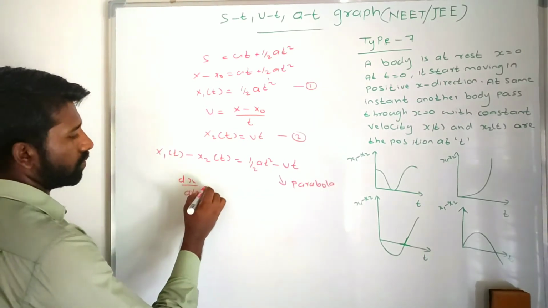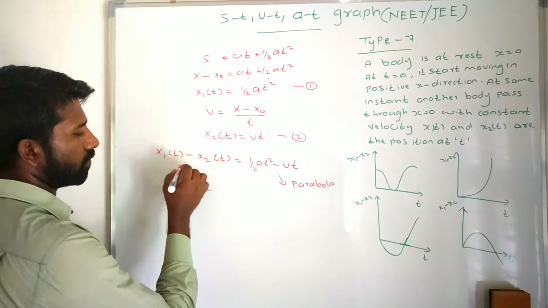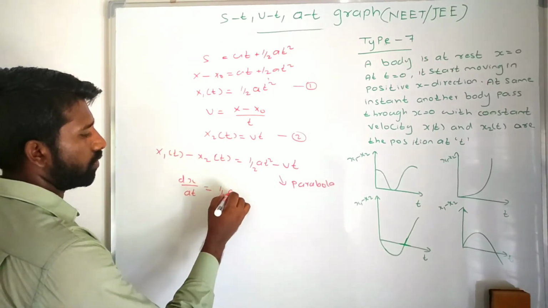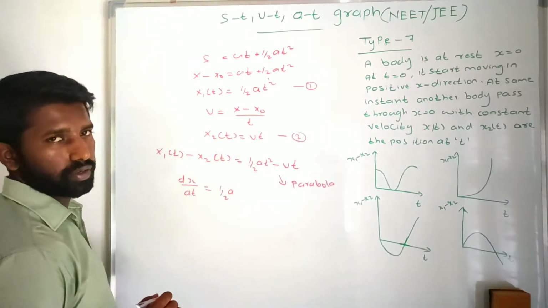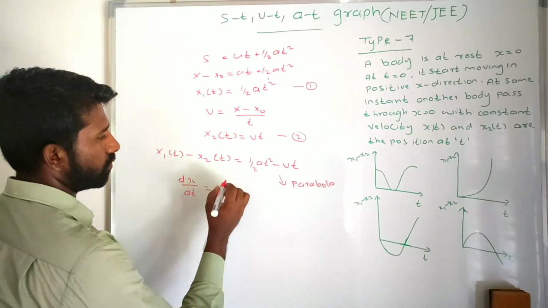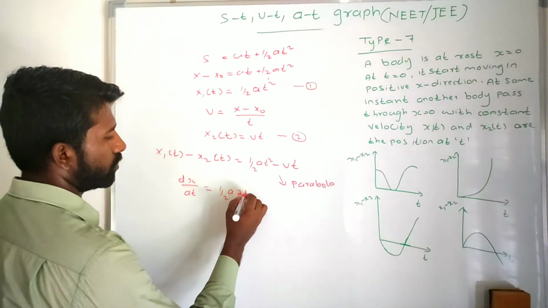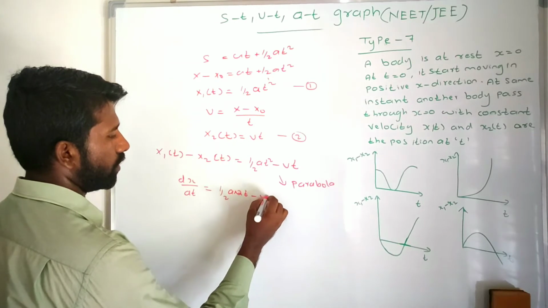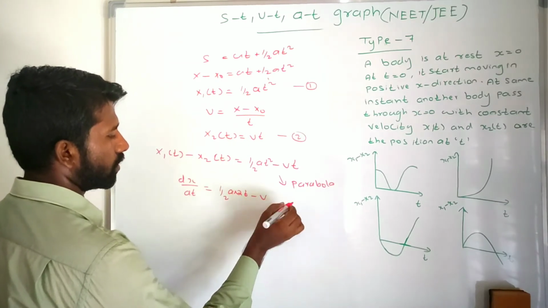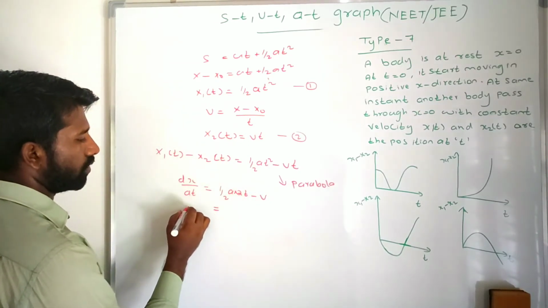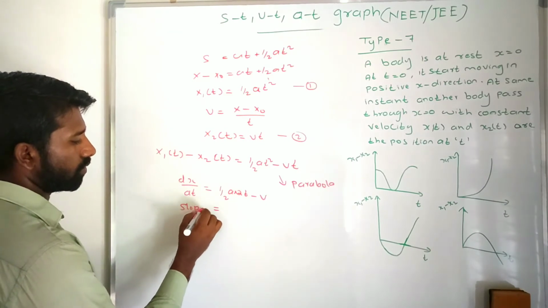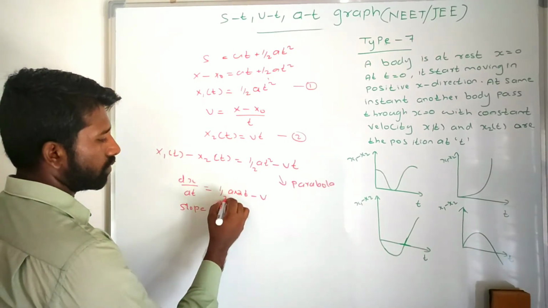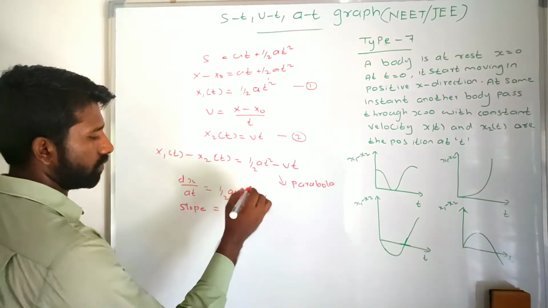Okay, so what is the derivative of this? That is half into a into the differentiation of t square, which is 2t, minus v into dt by dt cancels. Okay, so we will get the slope is equal to, the 2 cancels again, at minus v.